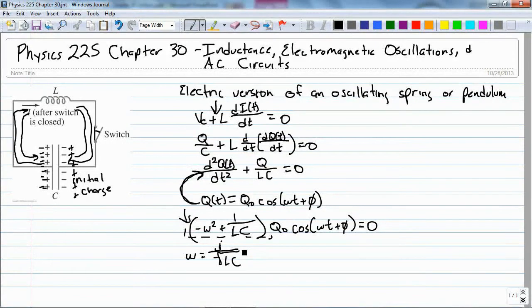It's going to be imaginary. And that means that our frequency is going to equal this value also.